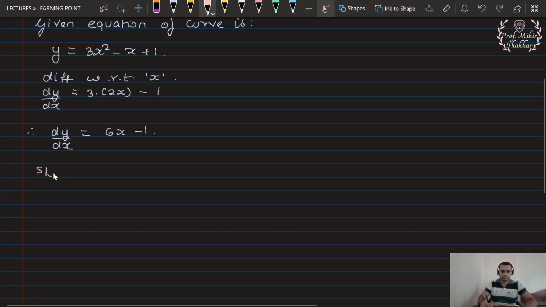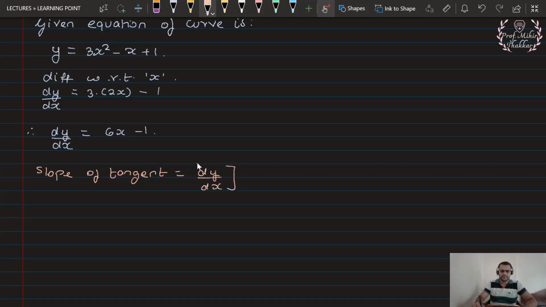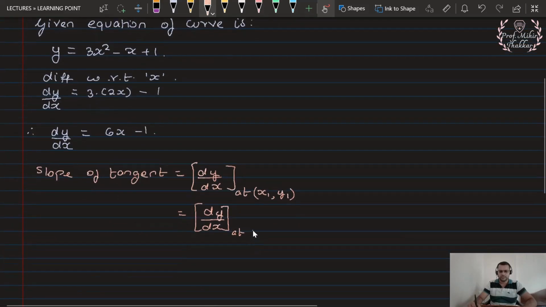Now slope of tangent is dy by dx at (x1, y1). So I can say over here this is equal to dy by dx at (1, 3).